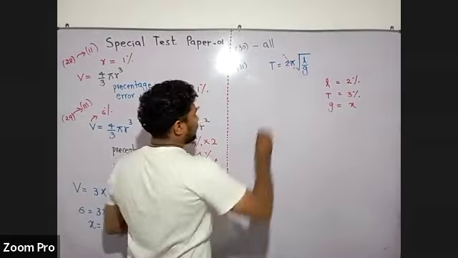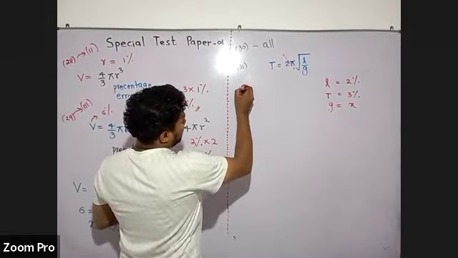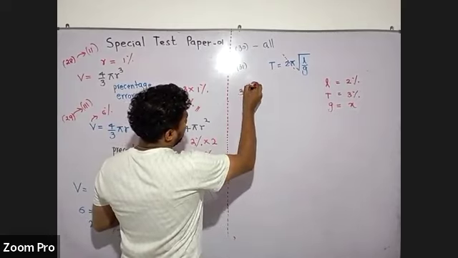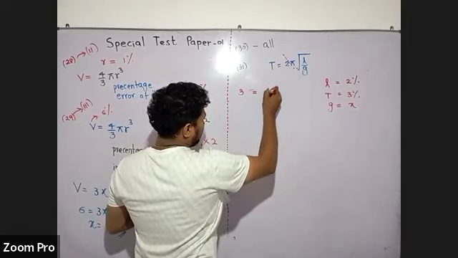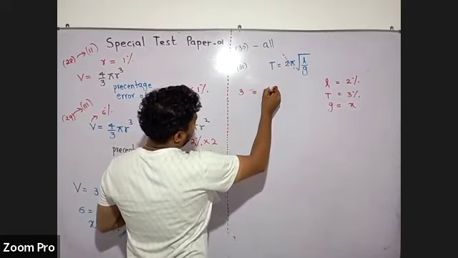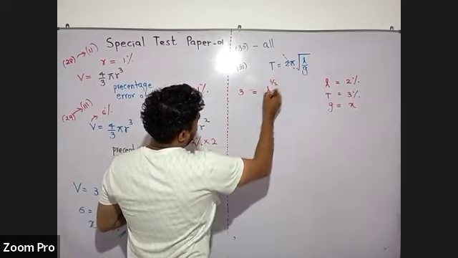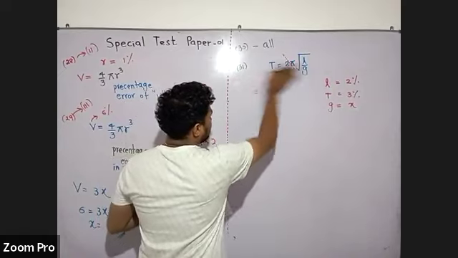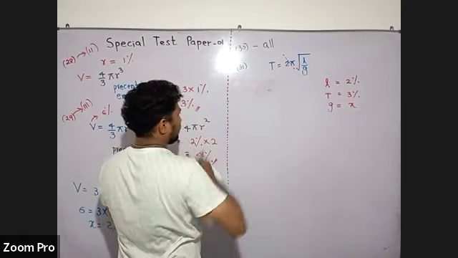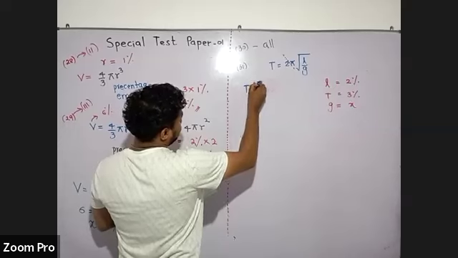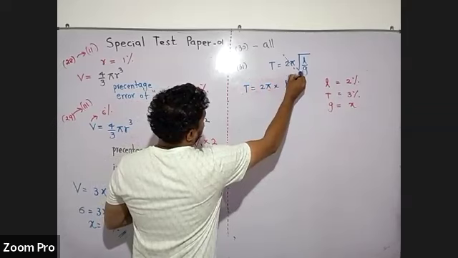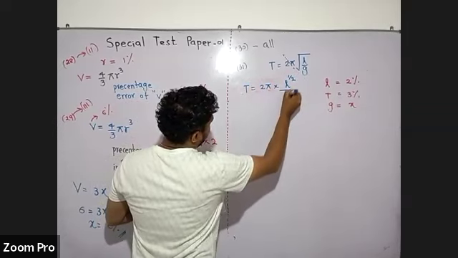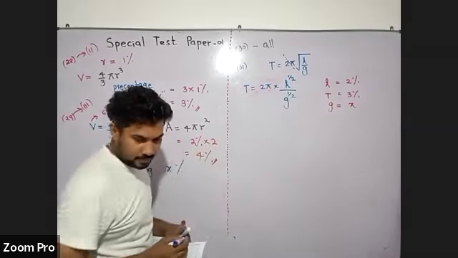That's a numerical value. So this equation can be rearranged as T = 2π L to the power half over g to the power half, right?